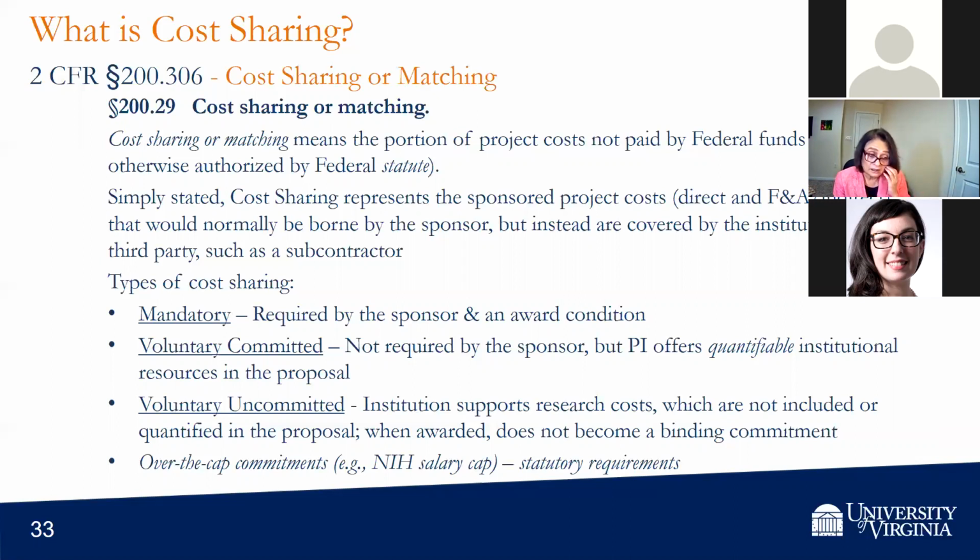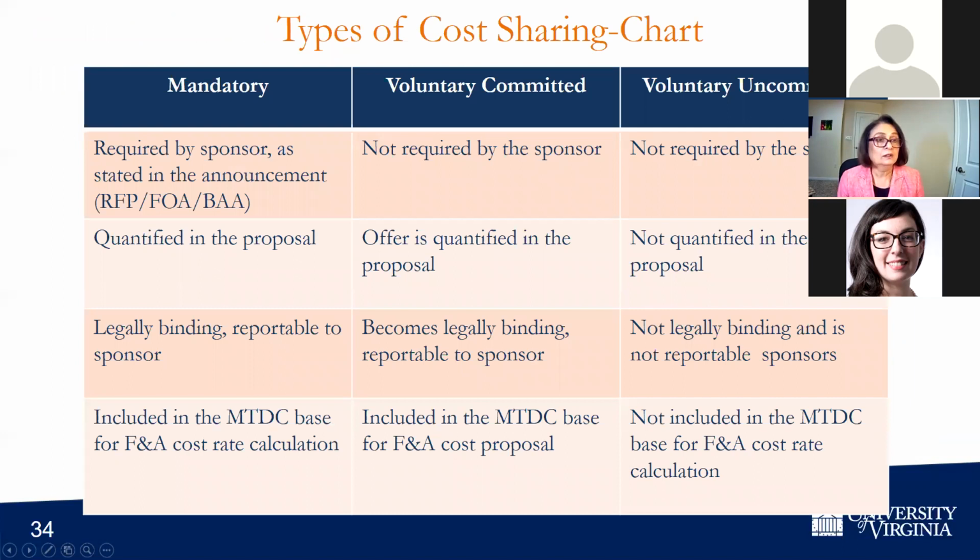Voluntary uncommitted is where the institution generally supports a lot of research costs, and they are not committed in the proposals and do not need to be tracked. For mandatory, I have another slide, so I don't want to talk a whole lot.